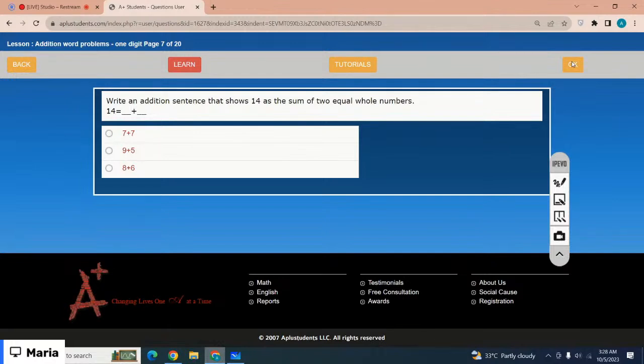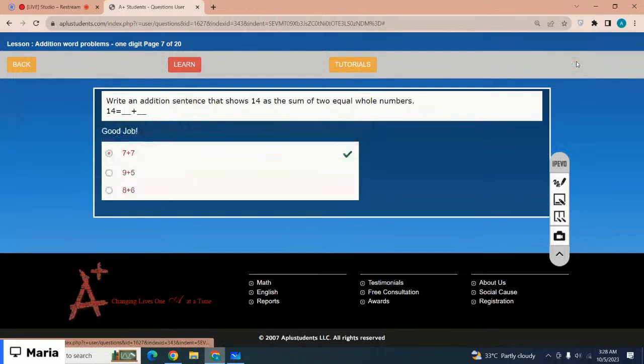You have to write the answer as two equal whole numbers, right? So the two equal whole numbers are 7 plus 7, right? The correct option is option number 1. That would be 7 plus 7.